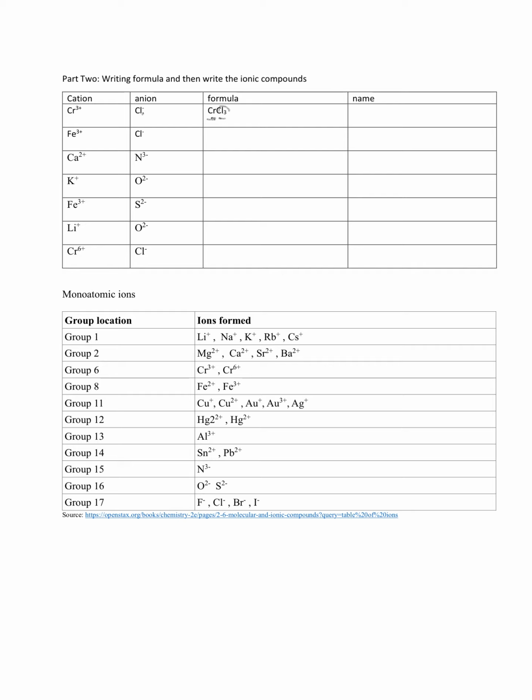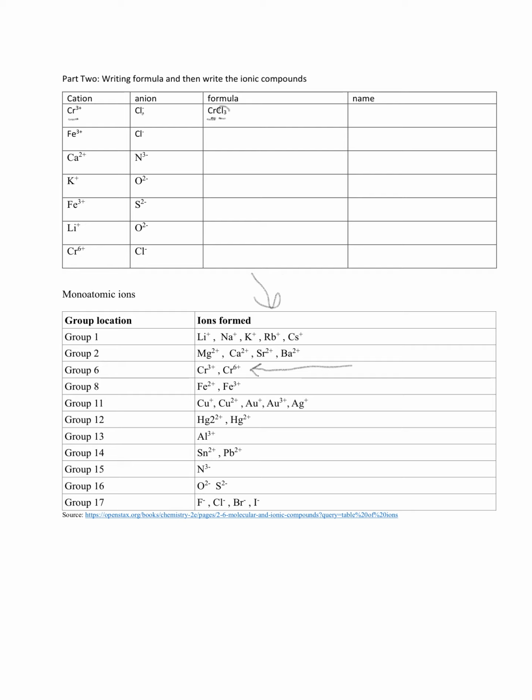And then if you want to name it, now remember, if you look at the chromium, and you go down to this table down here, what you'll see with the chromium is that there are 2 possible ions, chromium 3 plus and chromium 6 plus. So when I write down the name, I need to indicate which of those ions it is.